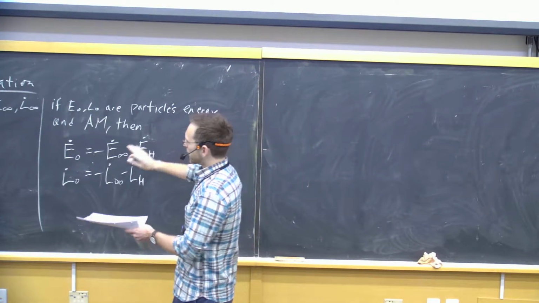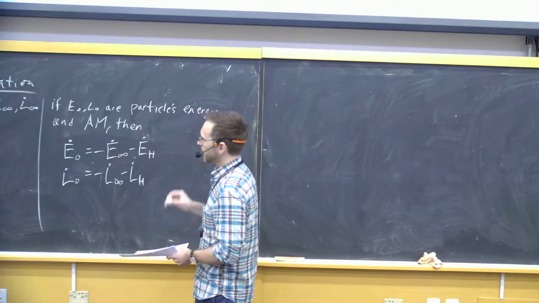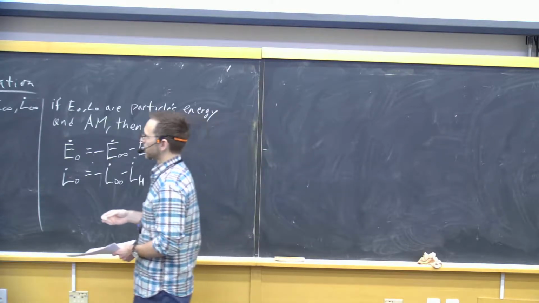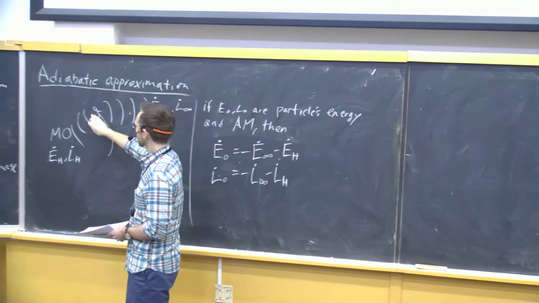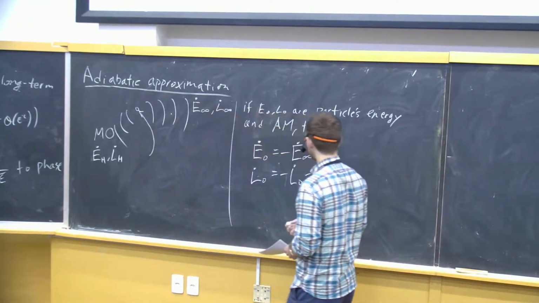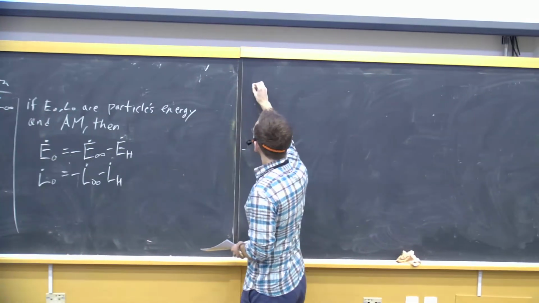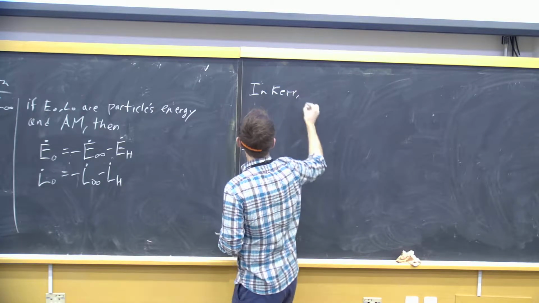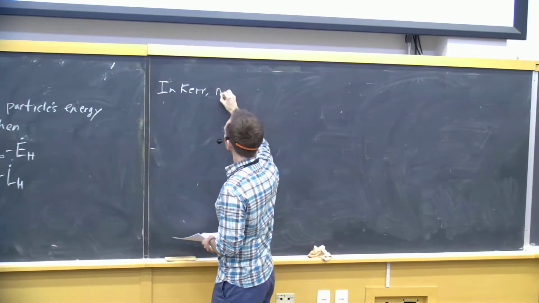Now this balance law type picture only applies in Schwarzschild. So in Schwarzschild, a geodesic is labeled just by E and L. In Kerr, there are no balance laws like this.